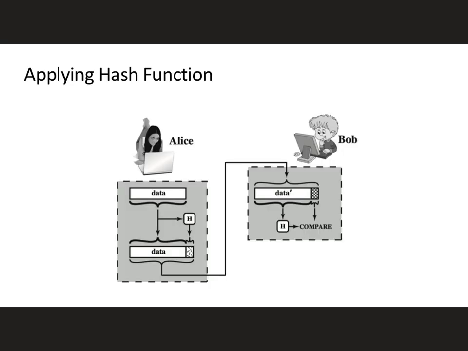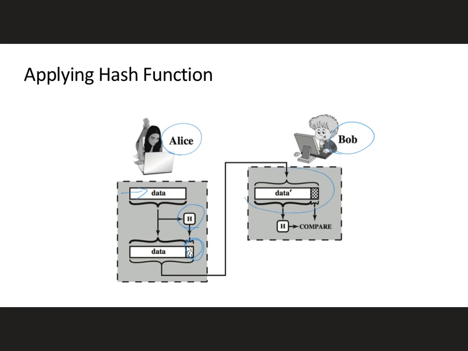Okay, let's see how to apply the hash functions. Alice wants to send some data to Bob, but how does Bob know the data is not tampered with, that it is the original data? For this data, we can apply the hash function and get the hash value, then concatenate them together. Then Alice can send the whole thing to Bob.